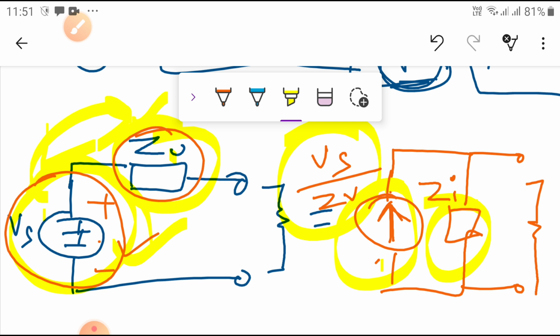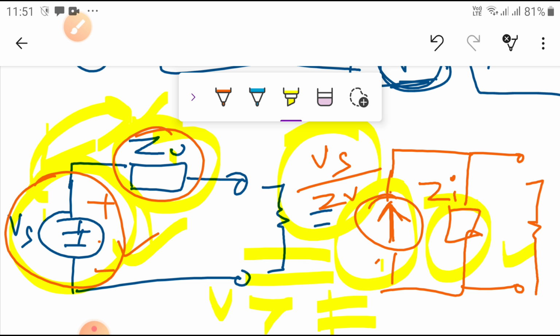Same equivalent, because previously we have proved that the internal resistances are equal in voltage source and current source, but the placement is different. So this circuit is equivalent to this circuit. This is how the voltage source is converted to the current source, and vice versa.